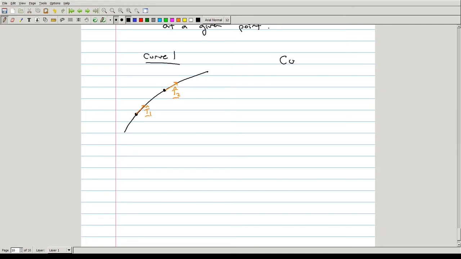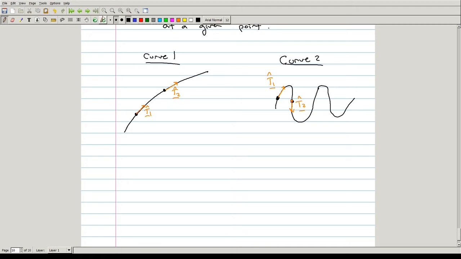And let's take a different curve maybe like this. We'll take 2 points on this curve. T1 hat, T2 hat.